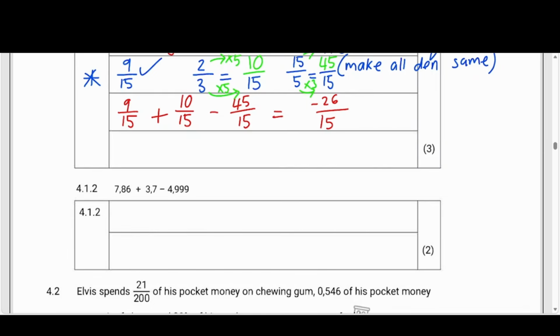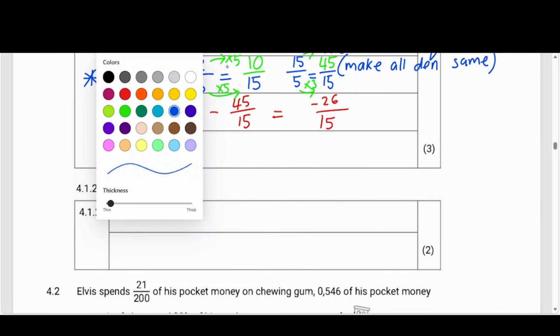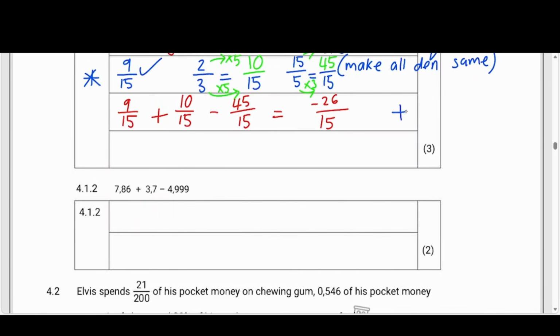And then with the fractions question, make sure your final step should always be to convert back to mixed numbers. So that is your final step. Convert your answer to mixed numbers, or mixed fraction, sorry.